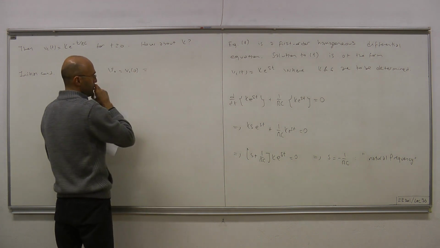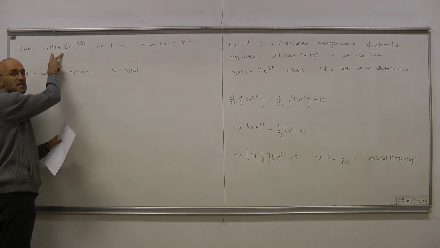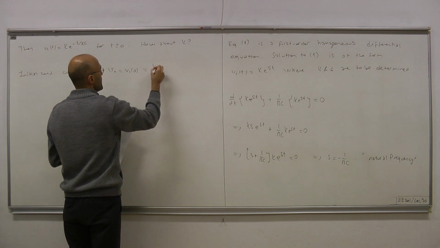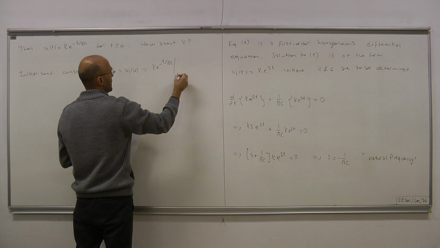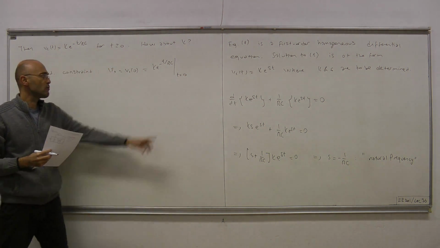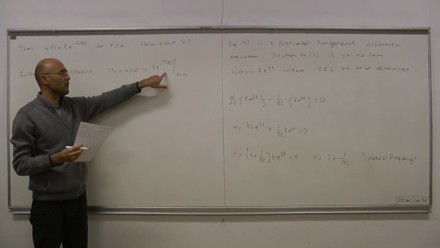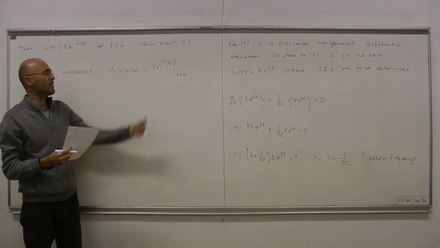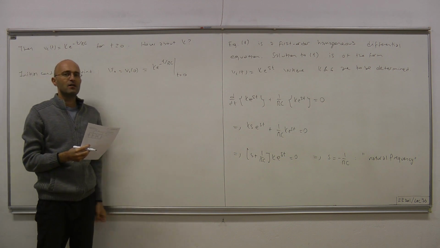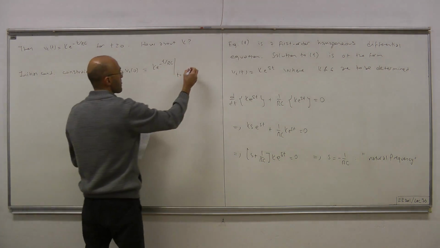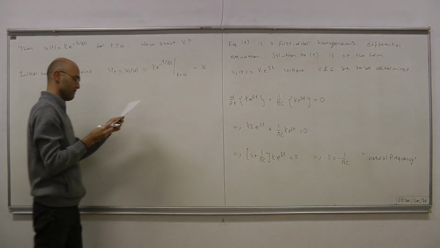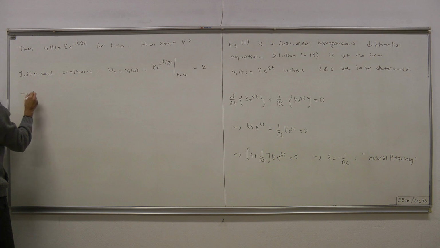So VC(0), this is our VC(t) candidate. K e to the minus t over RC, and then we evaluate this at t equals 0. If you plug in t equals 0, this becomes 1 times K, which is K. Therefore, K has to be the initial voltage of the capacitor. Therefore, K is V0.